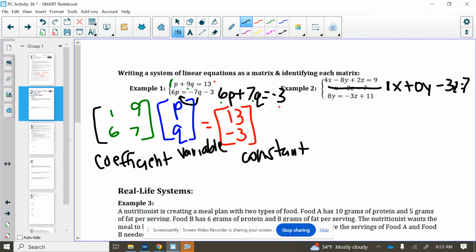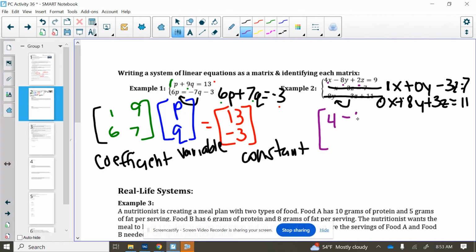Similarly, in the last one, if we add over, notice there are 0 x's, 8 y's. We need to move over that 3z to the left-hand side so that we have that constant by itself. So really, that's the equation reordered that we're going to want to use. And again, we can start this off. We will use the coefficients.